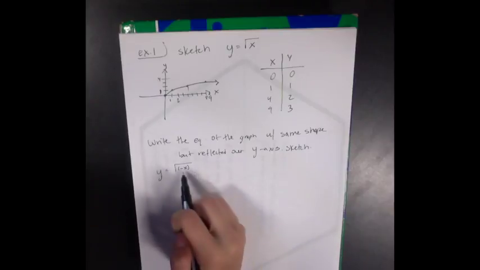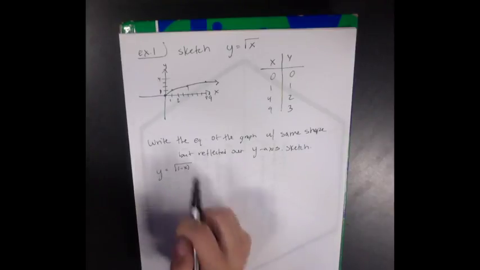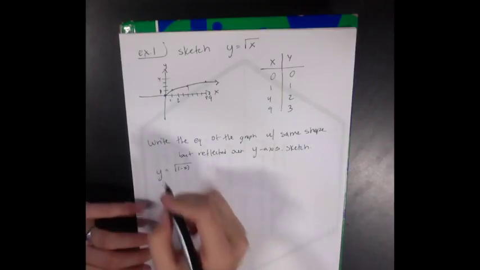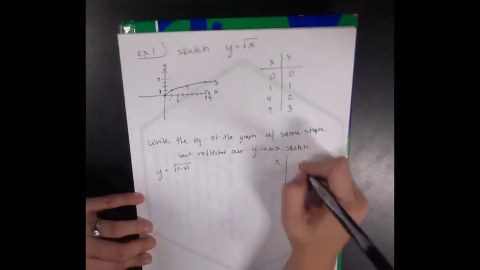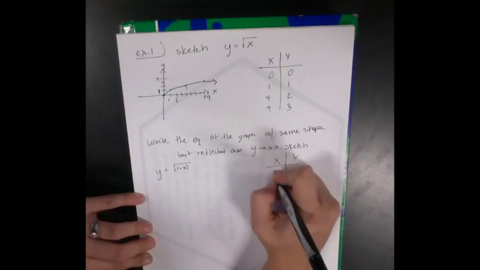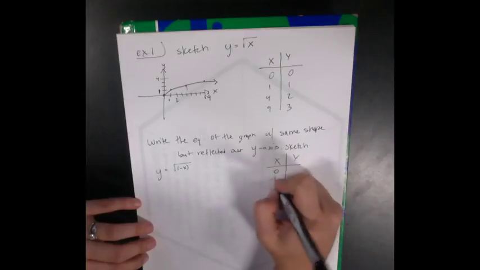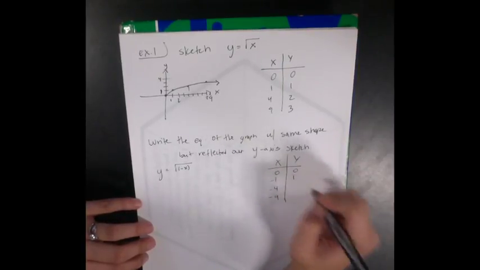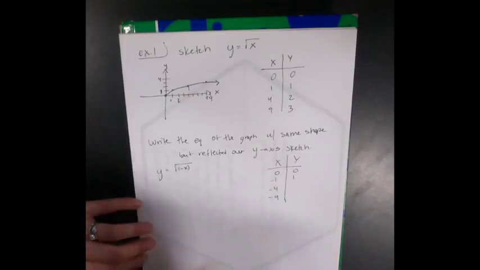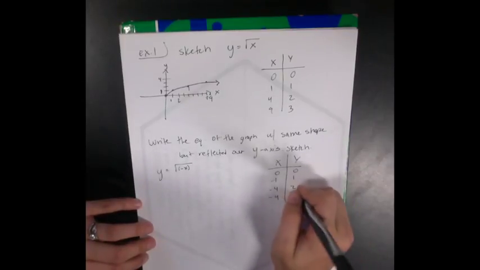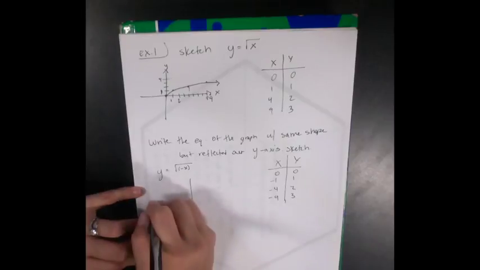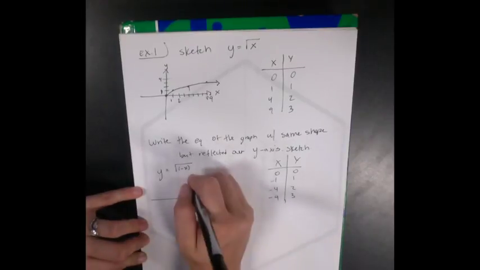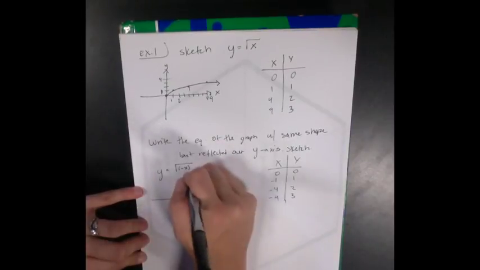Now we know we can't take the square root of a negative number, which means that all of my x values besides 0 must be negative. So now I have to do negative 1, negative 4, negative 9, which if I plug in negative 1 for x, negative 1 times negative 1 is 1, which makes me able to plug in negative values.